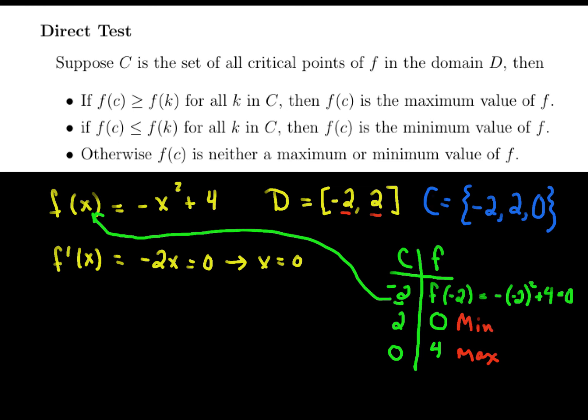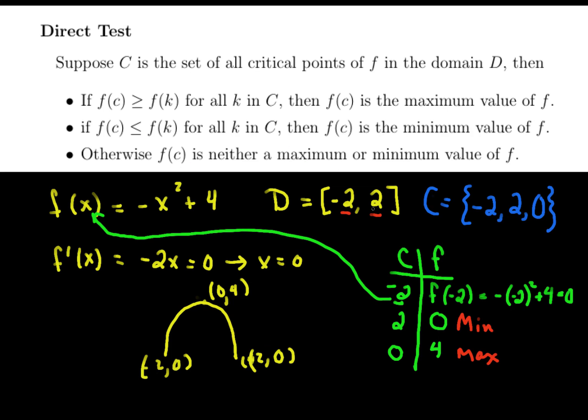And this should make sense. If I were to draw the graph, it would look something like a parabola. The max is at the point (0, 4), and the minimum value would be at (2, 0) and at (-2, 0).